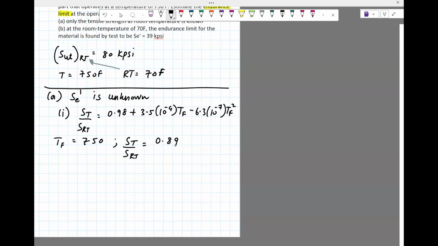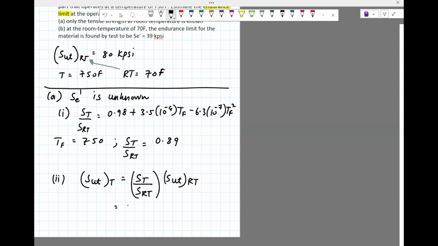Okay, that's step one. Step two is we need to compute SUT at operating temperature. That is simply ST divided by SRT times SUT at room temperature.